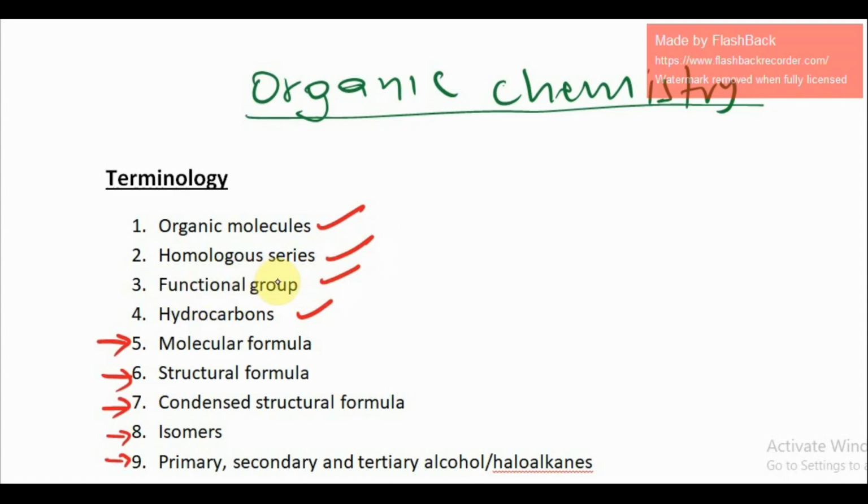Then the functional groups showed us whether this is an alkane, this is a ketone, this is an aldehyde. In fact, we wrote all of the functional groups. For example, I have this functional group for the ketone.